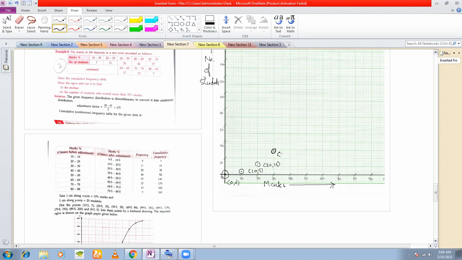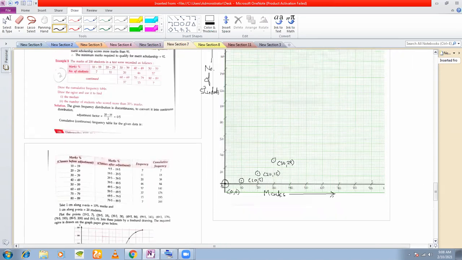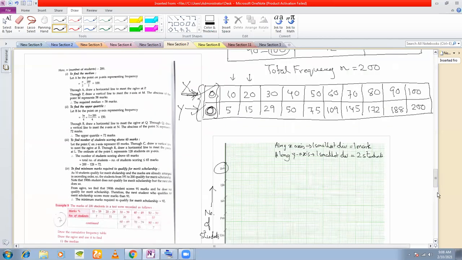So this is your 30, 29. The next coordinate is 40, 50. This is easy to plot. So 40 you have here and 50 you have here. So this is 40, 50.